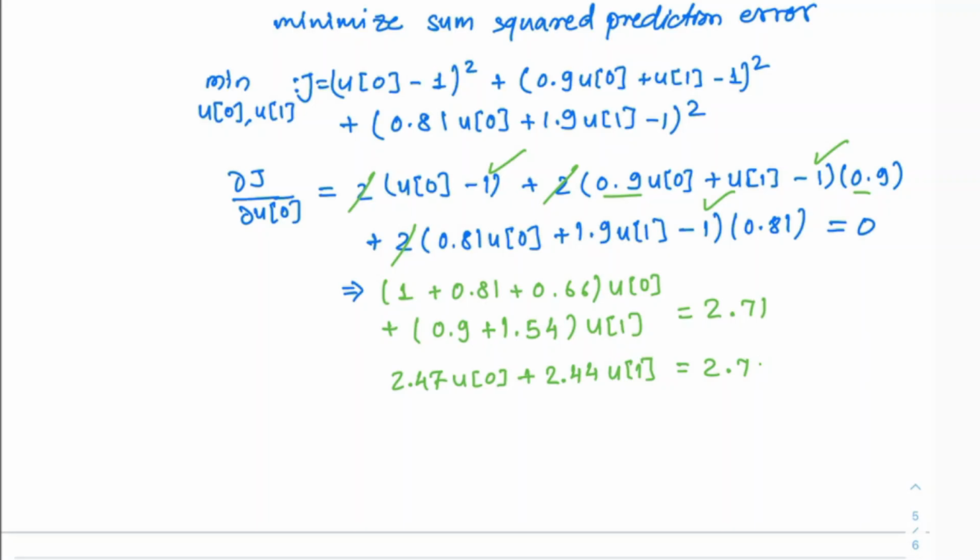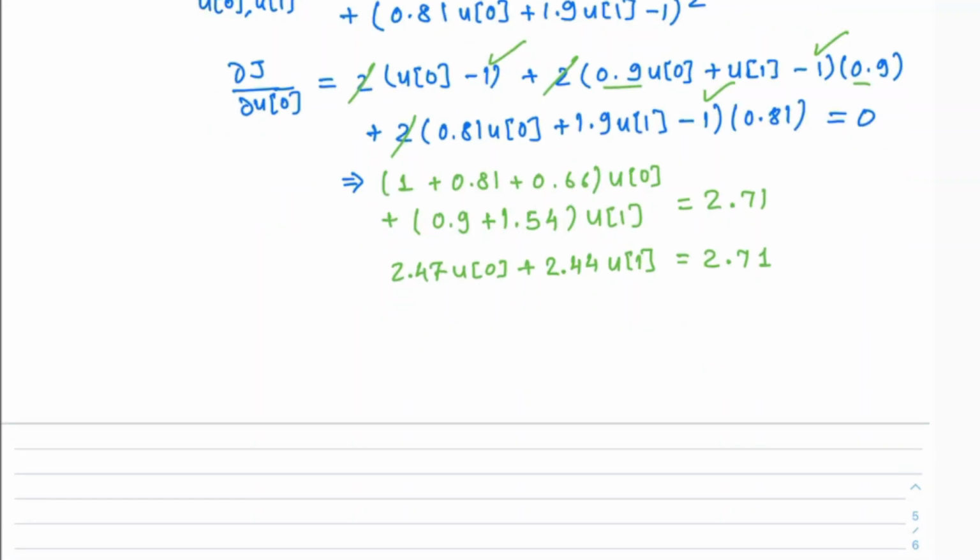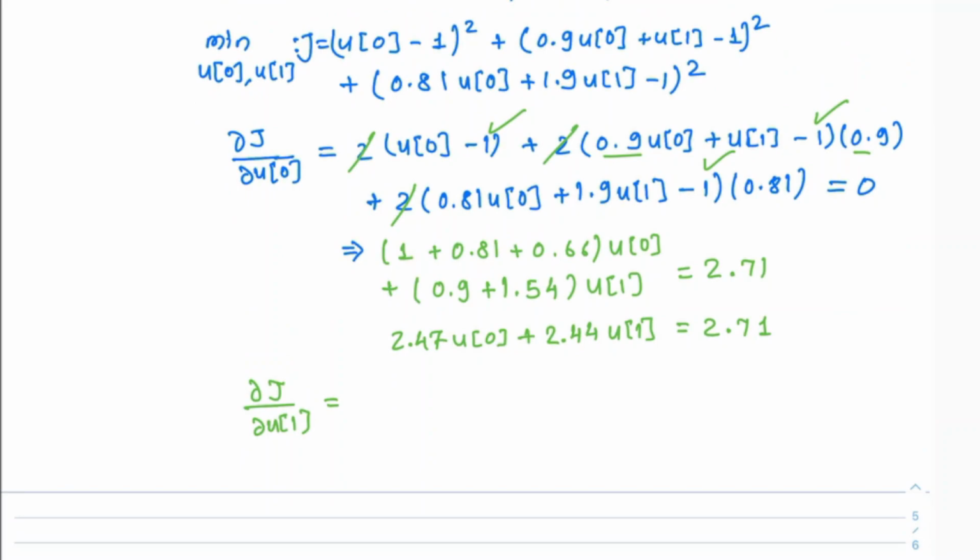We have one equation in u0 and u1. If we get another equation in u0 and u1, we can hopefully solve for them. So we take the derivative again, this time with respect to u1. The first term's derivative is 0, as there is no u1 term there.